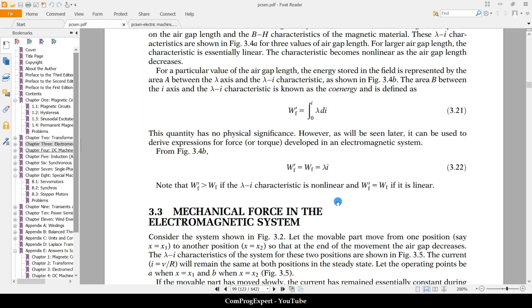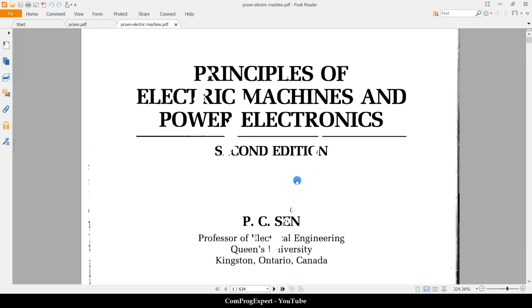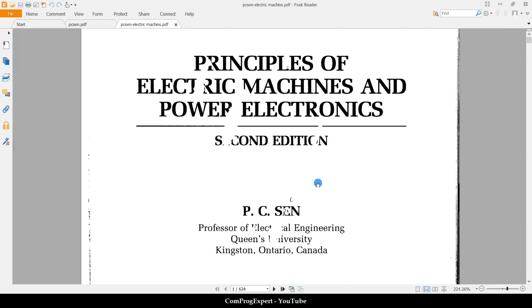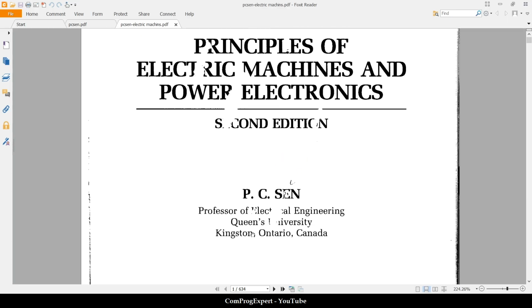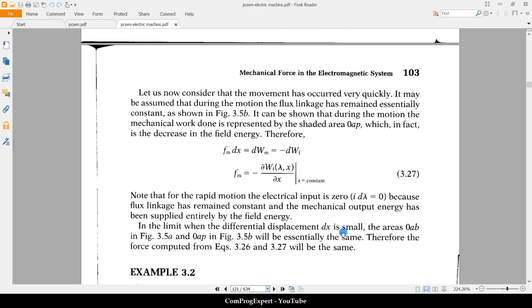This equation, the summation of the co-energy and energy. So I found the second edition. This is the file, the second edition of the reference. Here you can see the correct equations in this version.